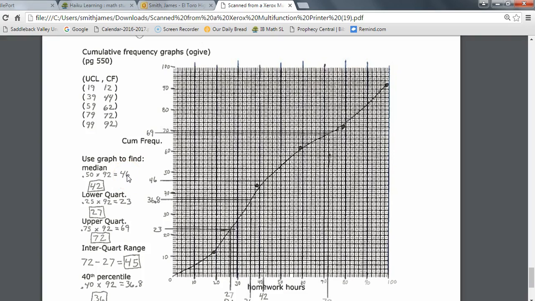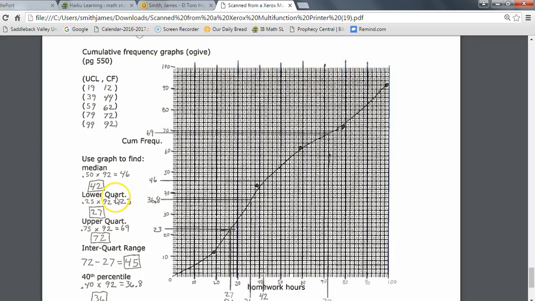So what is the 46th term? If we go up our y-axis, find the 46th term, and trace that over to our graph, wherever you hit the graph, go straight down, and that should identify the homework hours that are the median amount of hours. So 42 would be our answer for the median.